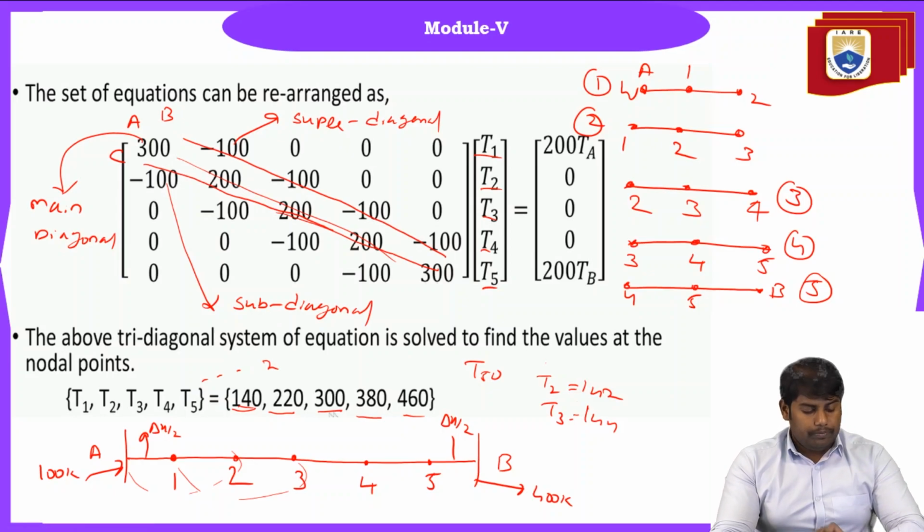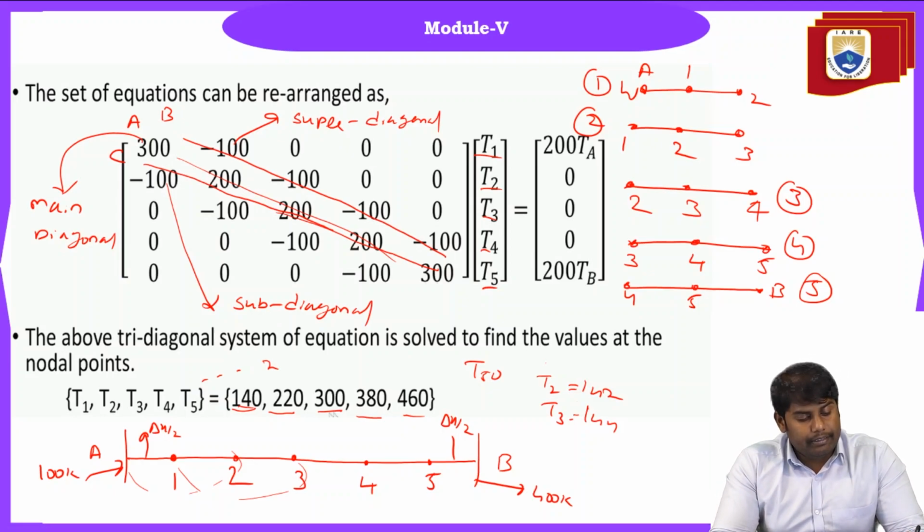So this is what we have seen for the numerical problem, which is the diffusion equation, where we have taken a 1D element. For the 1D element, we have seen the heat diffusion equation, with the left boundary and right boundary temperature applied.